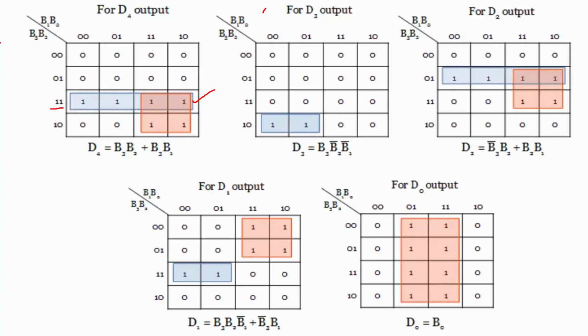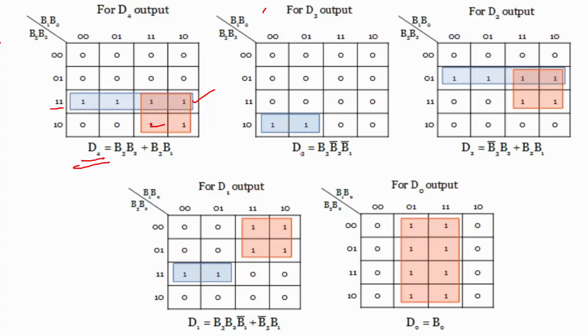And for this red group, the common terms are B3 and B1. So the simplified expression for D4 is B3 B2 or B3 B1.